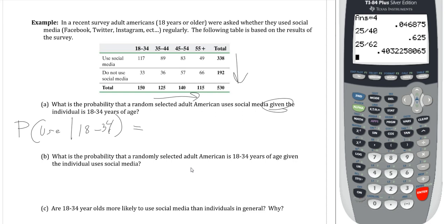Since it says given this amount, this 18 to 34 is going to define what my denominator is going to be. In this case, the individuals that are in the 18 to 34 age group, there are 150 of them. I'm not going to be considering all 530 individuals in the sample, only the 150 that follow that condition. Of those 150, the amount that use social media is 117.